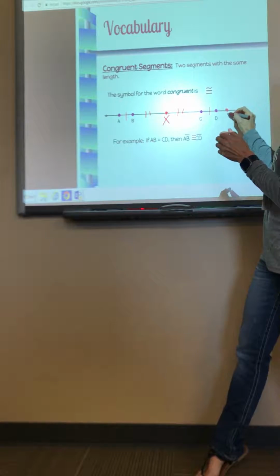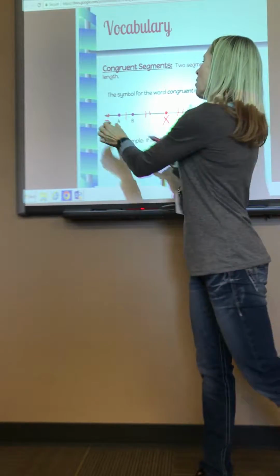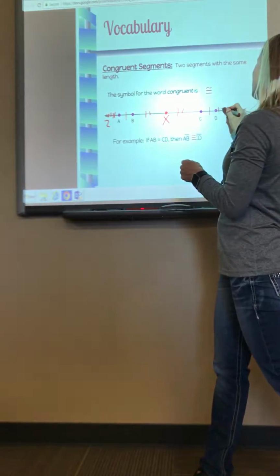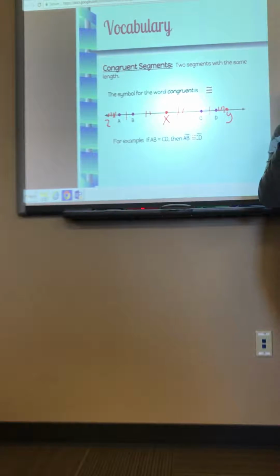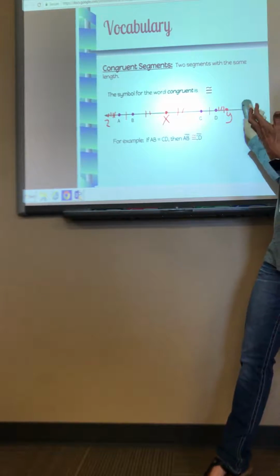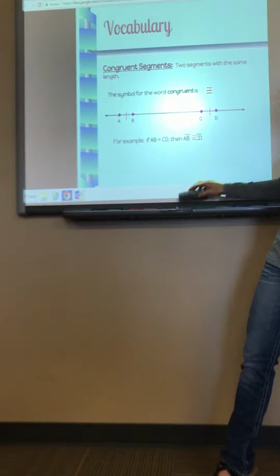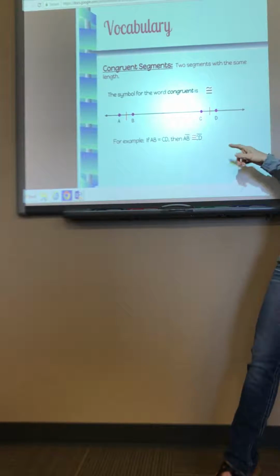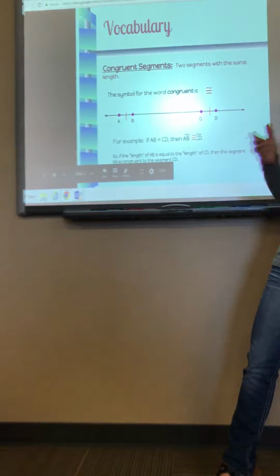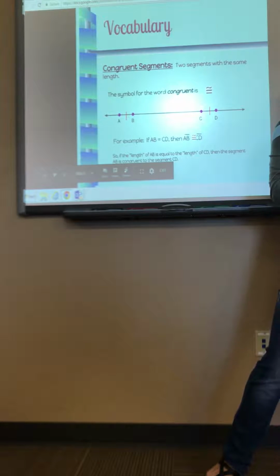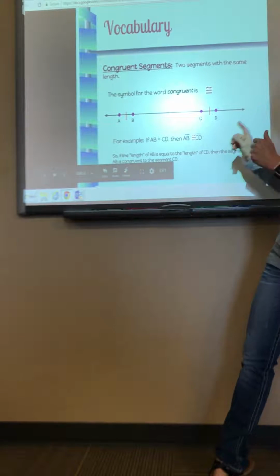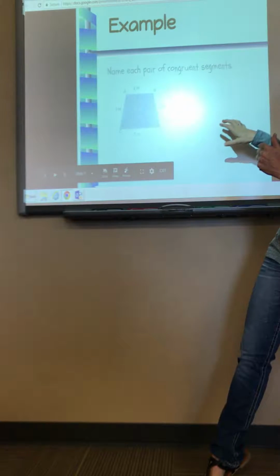And then if there was another, you put 3 slashy marks. So those mean congruent, same size, same length, but never, ever, ever assume pieces are congruent. They have to be marked, or they have to tell you they're congruent.